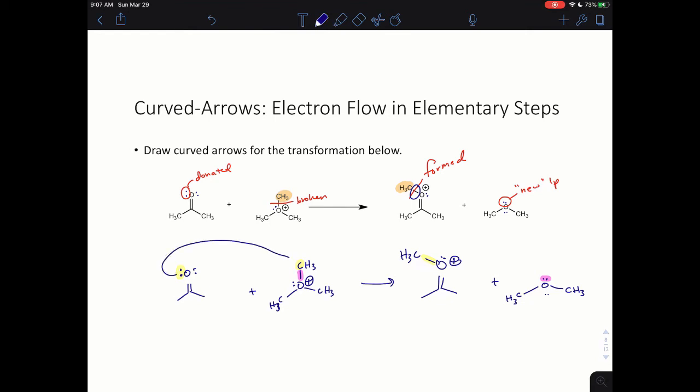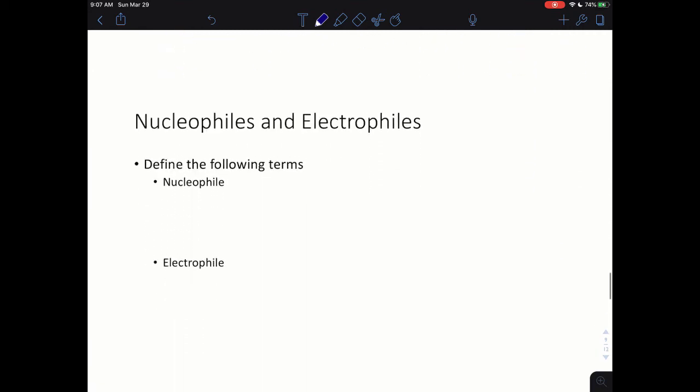Okay, so we're going to start electrons at the oxygen lone pair, point them to carbon. That's going to make the first bond. And then now the electrons in the pink bond, they are going to go to oxygen. There we go. And so that gives us this lone pair. All right, you will get this with practice, so it's time for you to go practice.